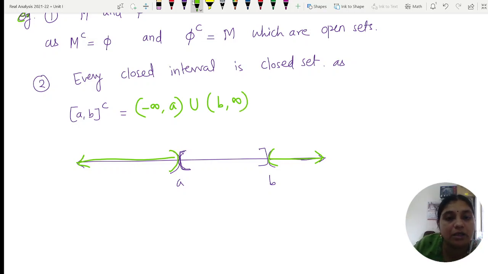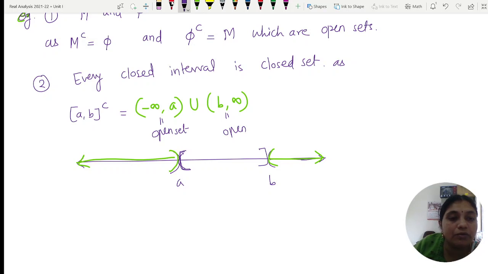Open intervals are open sets and the union of open sets is open.